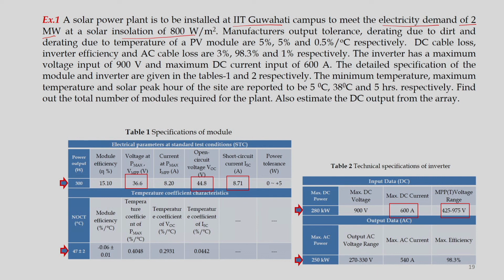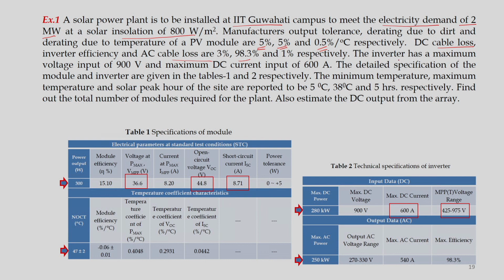This may be considered as global radiation. The manufacturer's output tolerance, derating due to dirt, and due to temperature of PV module are 5%, 5% and 0.5% per degree increase in temperature. DC cable losses are given, AC cable losses are also given.